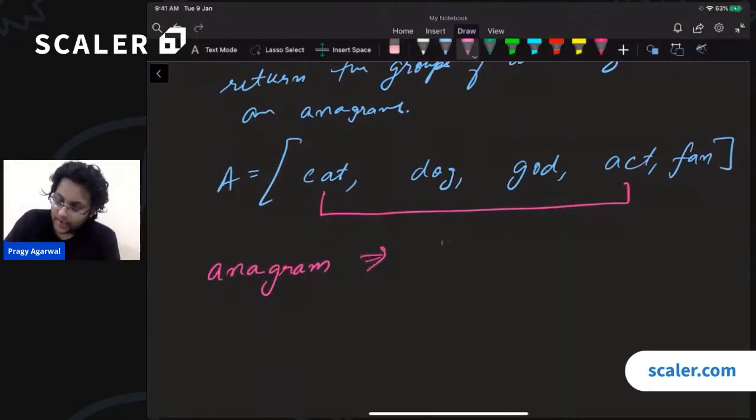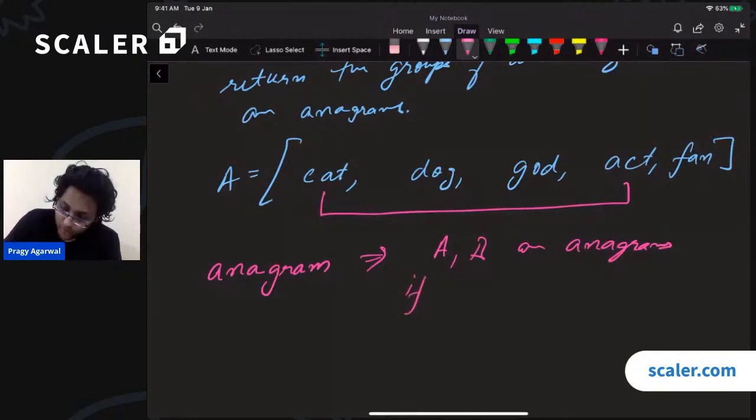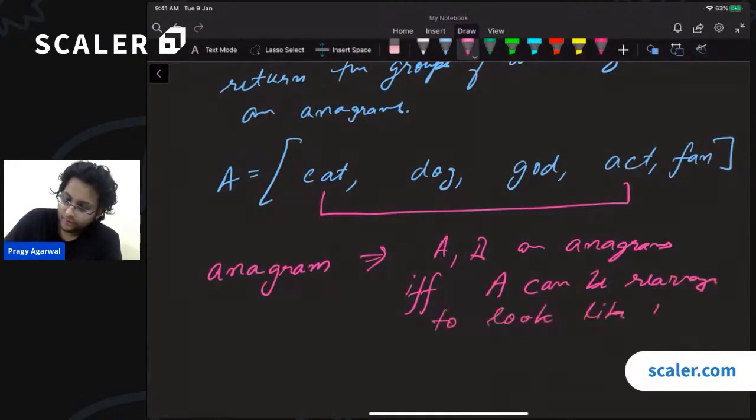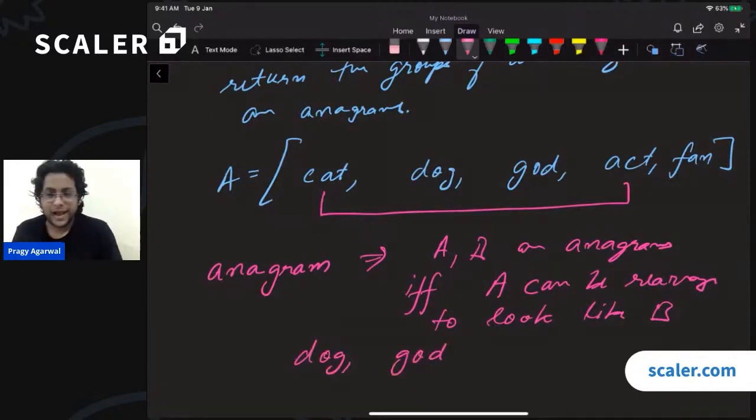Two words A and B are anagrams if and only if A can be rearranged to look like B. For example, the words dog and god are both anagrams because there is one G, one O, and one D. I can rearrange them to look the same.